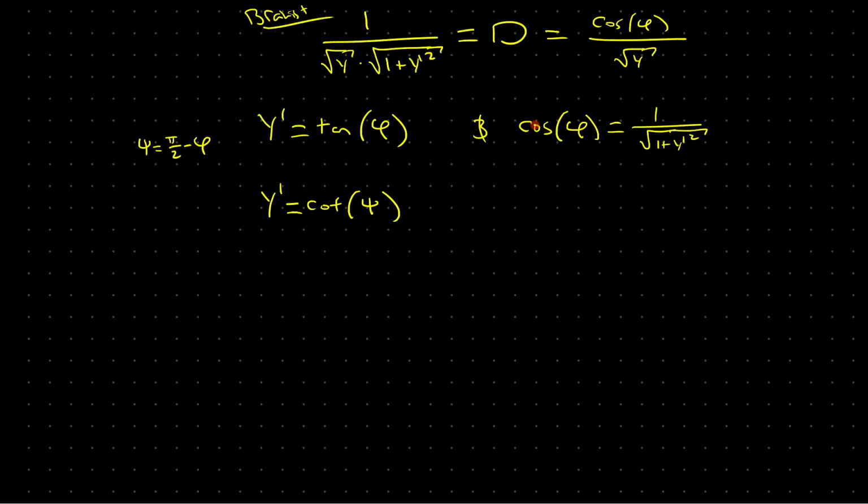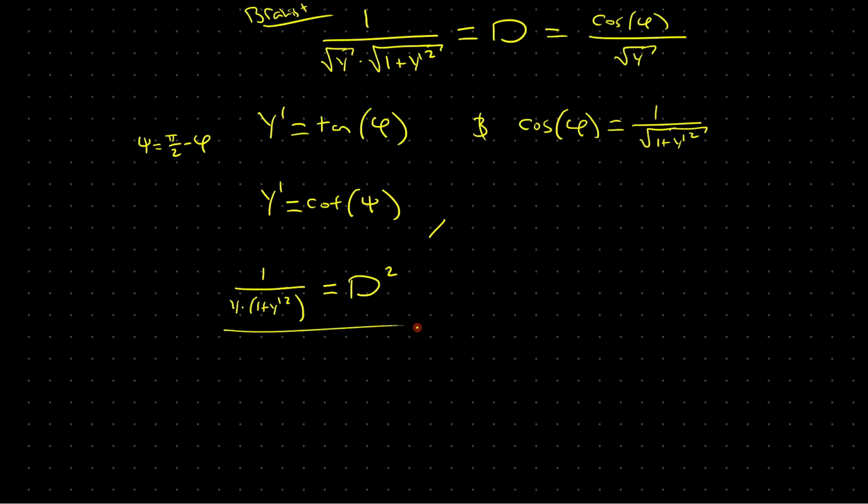If you look at the term that you have in the Brachistochrone differential equation, if we square both sides, we end up getting the differential equation 1 over y times 1 plus y prime squared is equal to d squared.